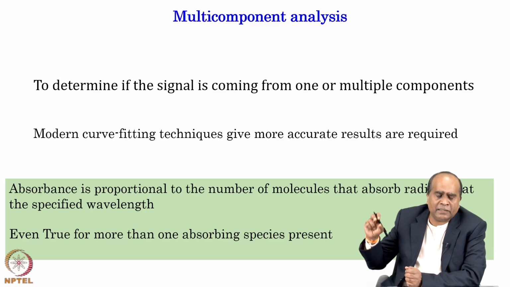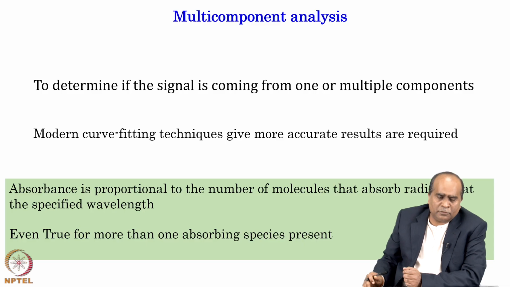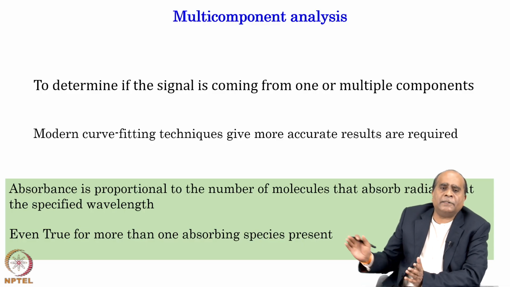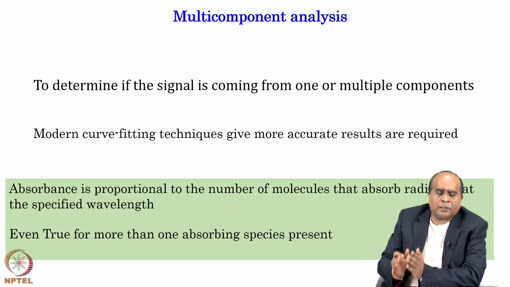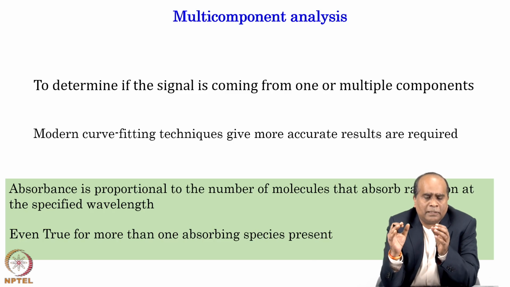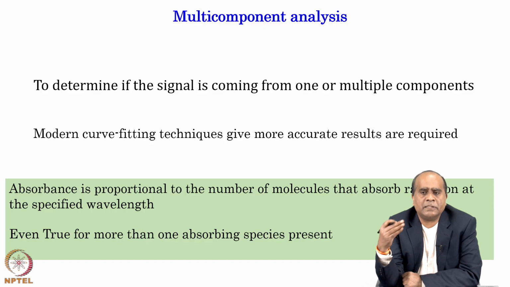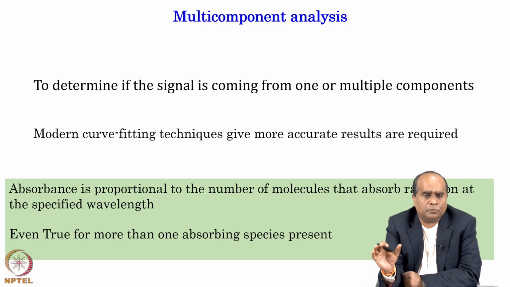If you want to understand the property of a particular chromophore, we have to deconvolute it. In those cases, curve fitting programs come into play and help us differentiate the contribution of one chromophore versus another. So, the modern curve fitting technique helps us in developing these analytical tools.